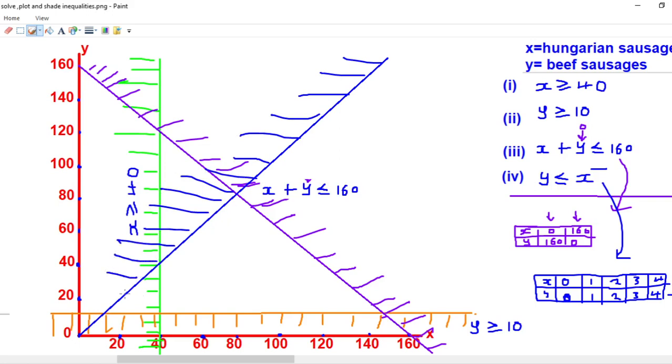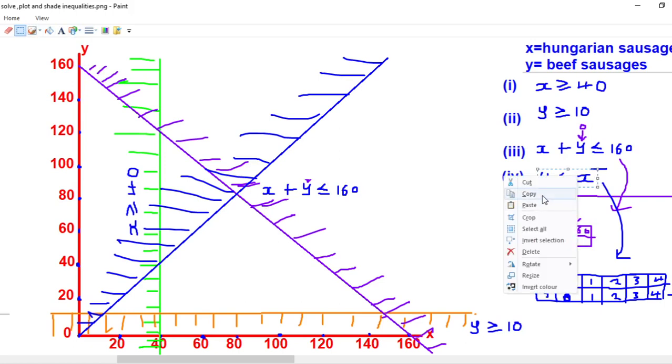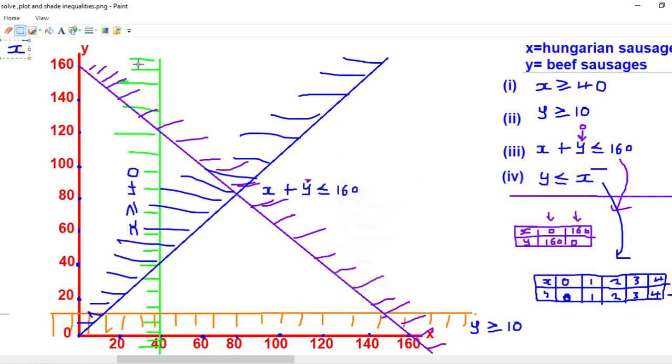All right, so this is what we are doing. Let me again get this inequality and put it there, so that you can follow through nicely. So this is the region, and I'll just put it here.